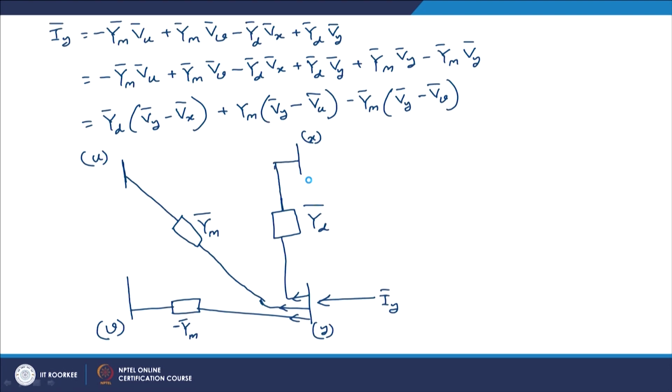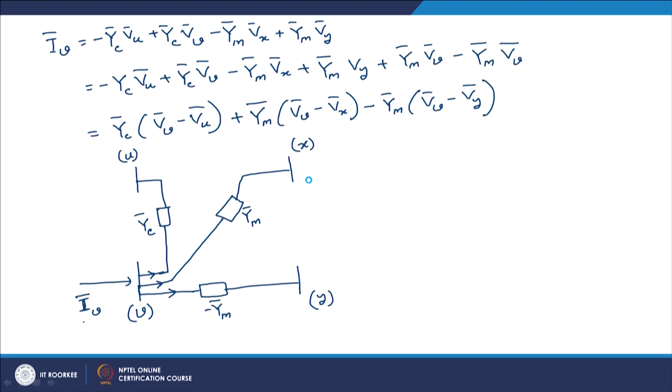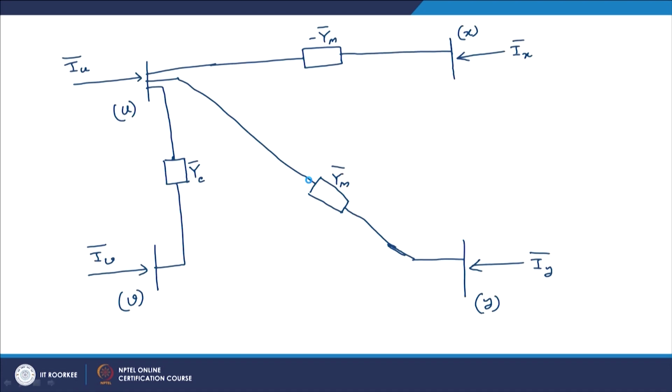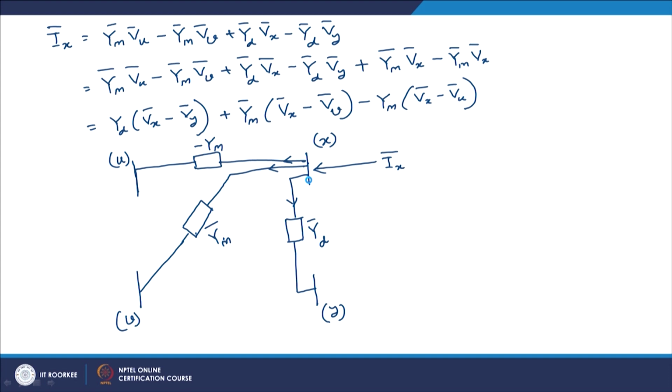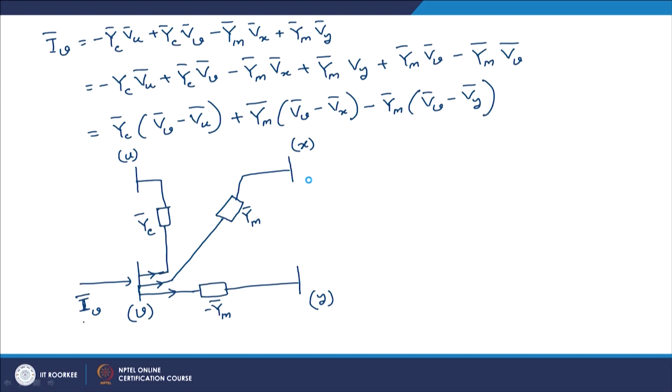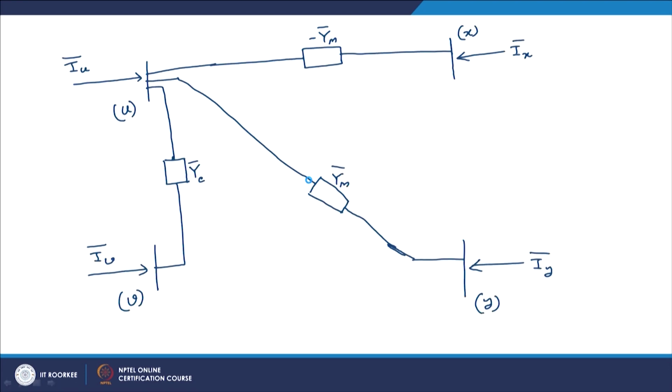So, let us go to the second one. The second one, between U and V Yc is connected. So between U and V Yc is already connected, so we need not put anything extra here. Then between V and Y there is minus Ym connected.